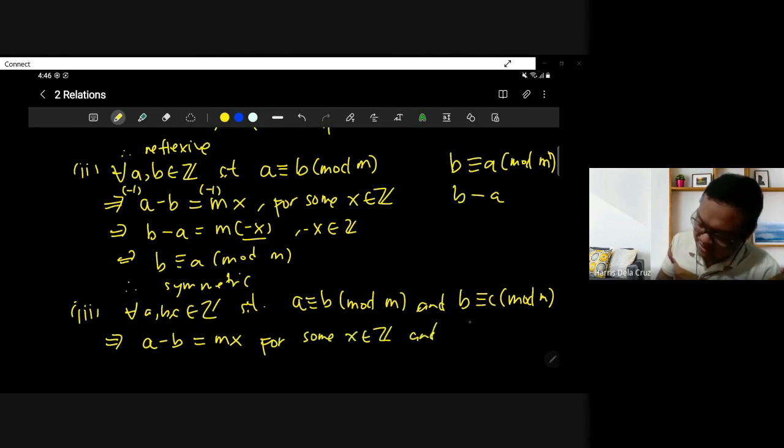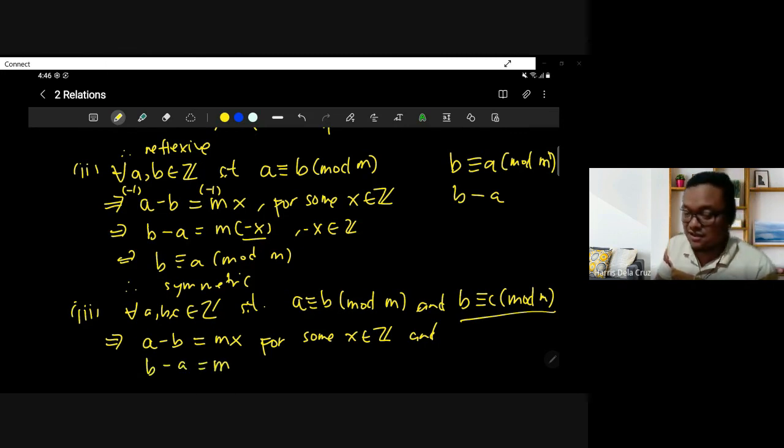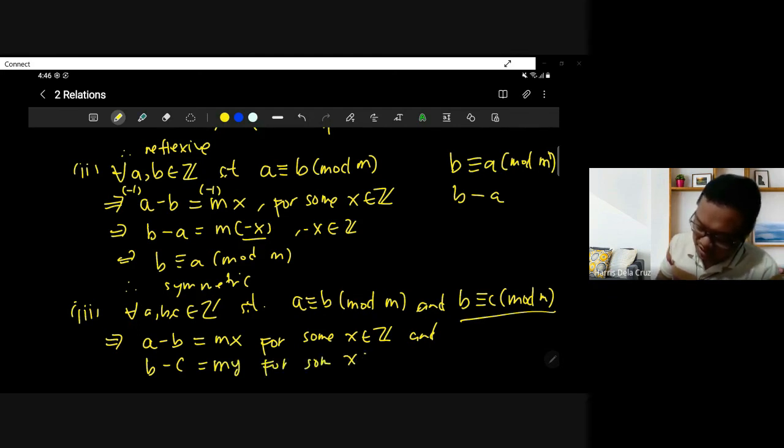And, ano naman ibig sabihin nito? Si B congruent to C, si B minus C, siya naman yung equal sa M times Y. Ibang variable naman. Hindi pwedeng parehong variable gagamitin mo kasi magkaiba yung A minus B at B minus C. So, M times Y, for some X, Y in Z. Okay.